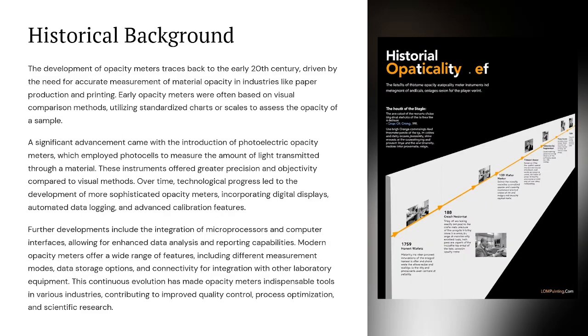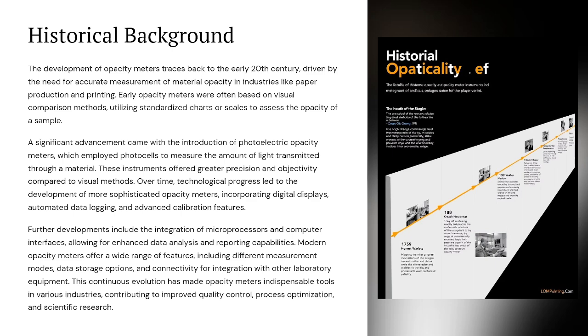Opacity meters have come a long way. In the early days, people used simple methods like comparing material to a chart to judge opacity, but this wasn't very accurate. Later, scientists developed photoelectric opacity meters that used light sensors to measure how much light passed through a sample.